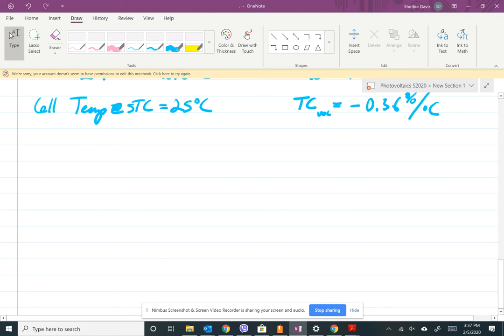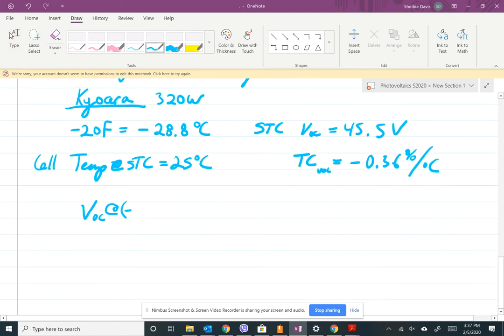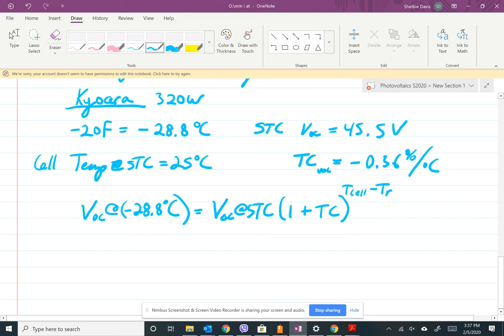So I'm going to say VOC at negative 28.8 degrees C is equal to, and then this is how this works, it's going to be your regular VOC, I'm not going to write the numbers right now, I'll just put it in variables, VOC at STC times 1 plus your temperature coefficient to the power of your cell temperature minus the temperature reference.